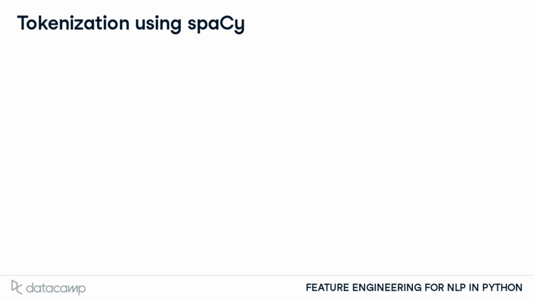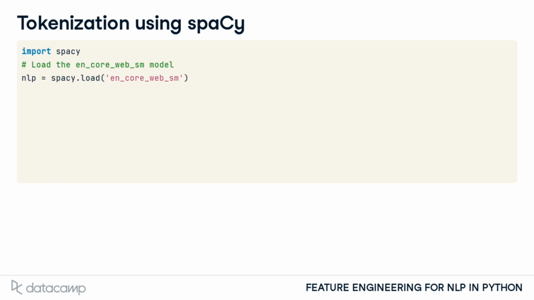To perform tokenization in Python, we will use the spaCy library. We first import the spaCy library. Next, we load a pre-trained English model, en_core_web_sm, using spacy.load. This will return a language object that has the know-how to perform tokenization. This is stored in the variable nlp.